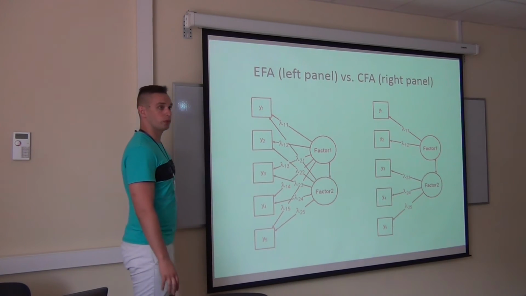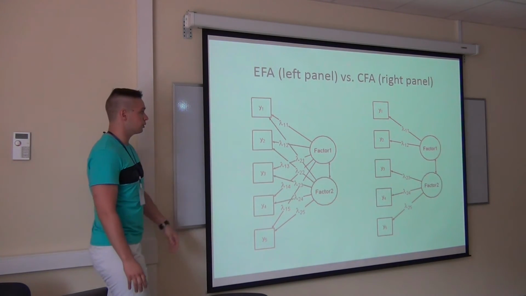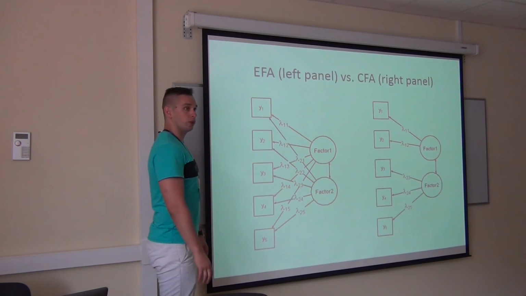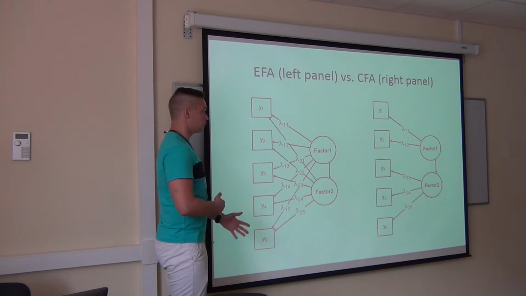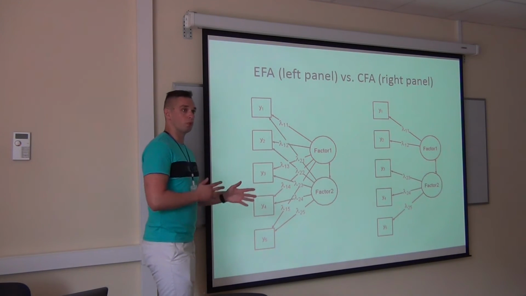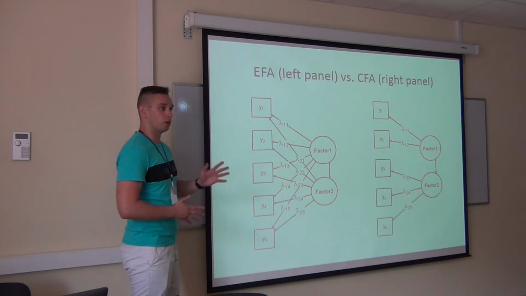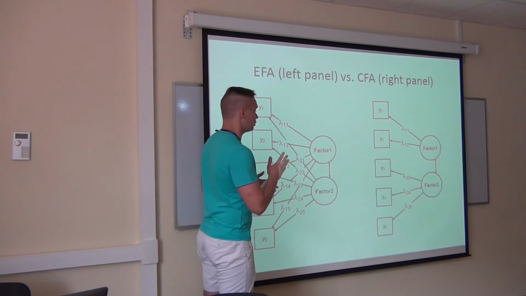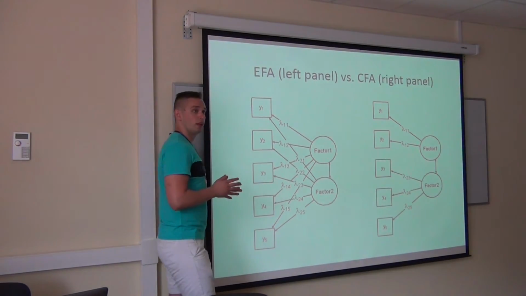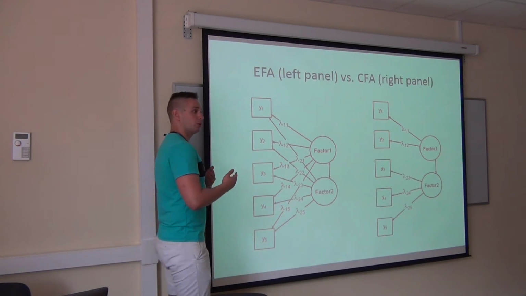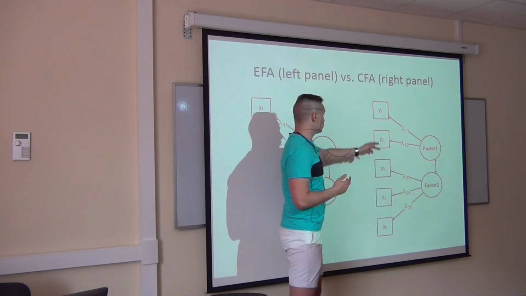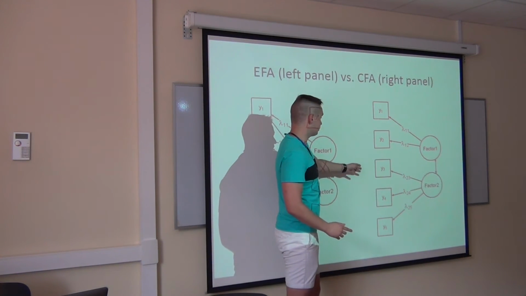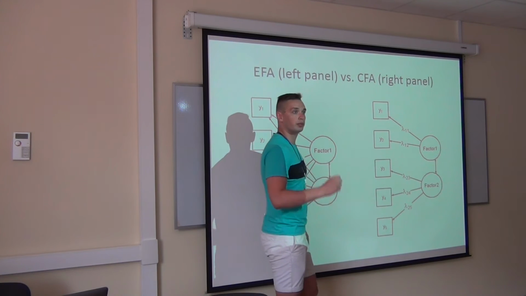So in this case we have 10 factor loadings. In the CFA setting, because we use some theory to make predictions about the latent structure, we again have the same two factors, but our theory assumes that the first two indicators relate to the first factor, and the next three indicators relate to the second.